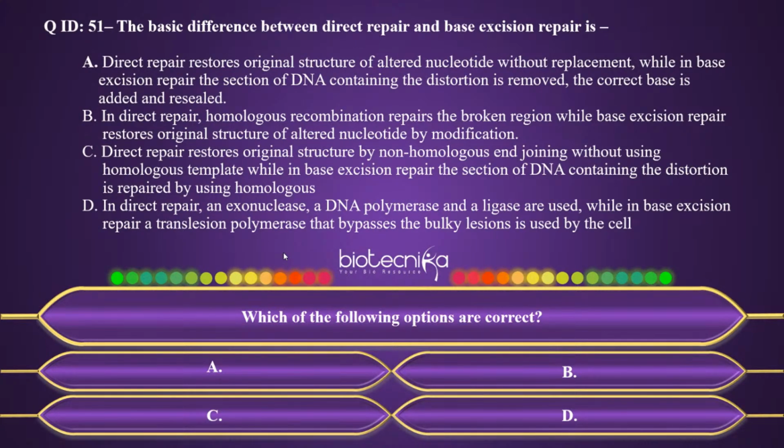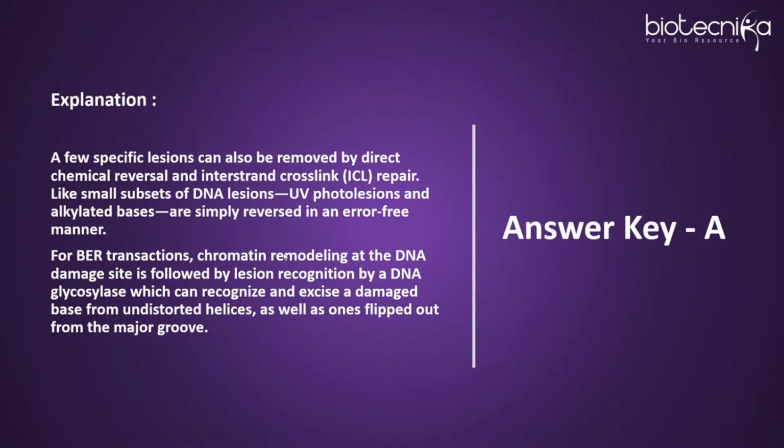Aman Jha gave the correct answer. Selvapriya also. So this particular option A is correct here. Both of you are right. The explanation says that a few specific lesions can also be removed by direct chemical reversal, and interstrand crosslinks. Interstrand crosslink is another kind of mutation which takes place where intercalating agents are present.